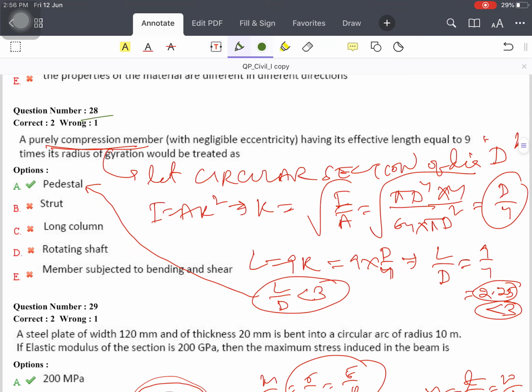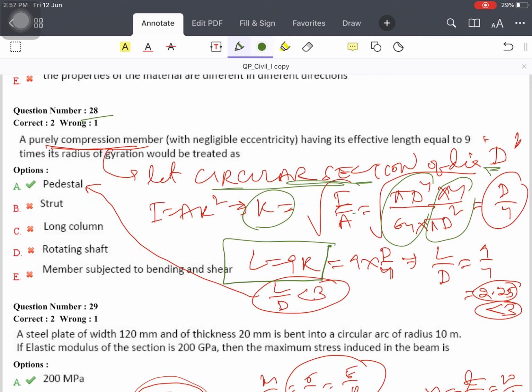Question 28. A purely compression member having its effective length equal to 9 times its radius of gyration would be treated as... So in this question L equals 9K, given. K is the radius of gyration. Let us assume a circular section of diameter D. I equals A K squared, K equals under root I by A. I equals pi d to the power 4 by 64 and A equals pi d squared by 4.